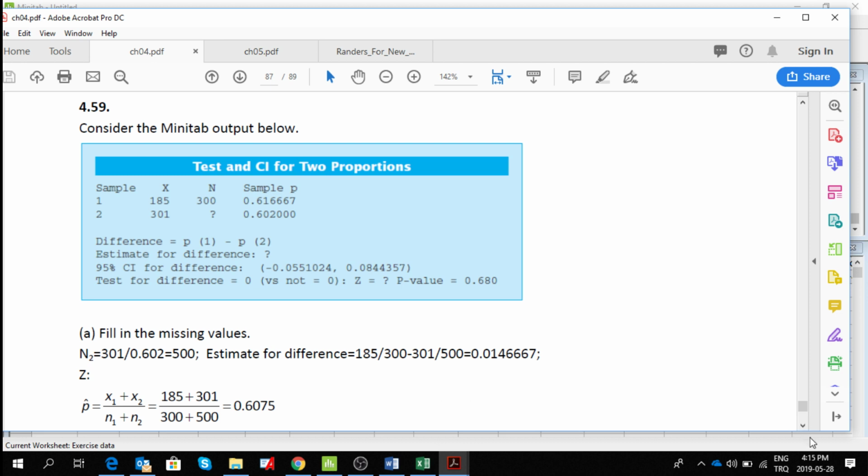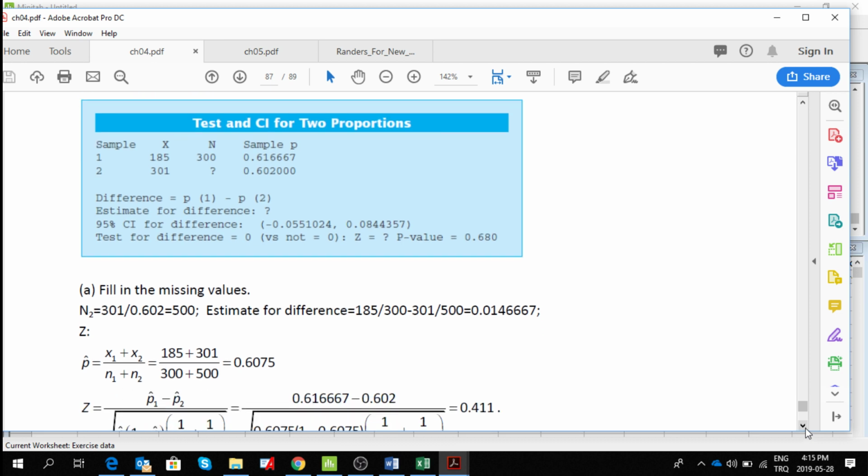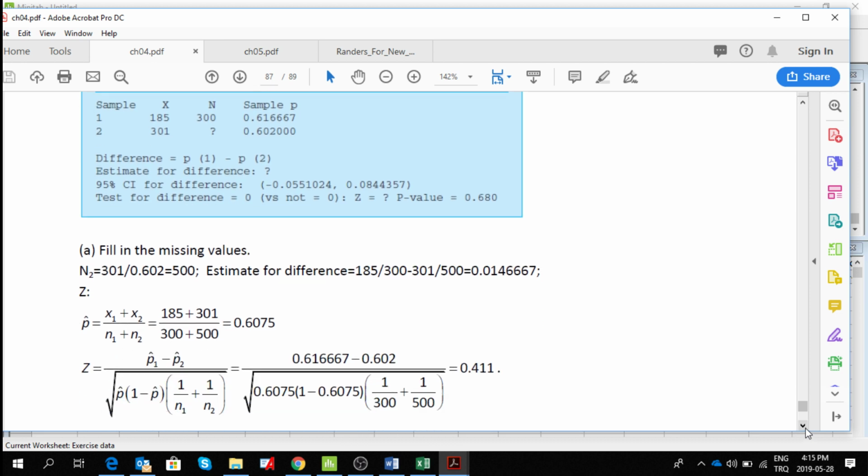And then for the z-test, we need to find p hat. p hat is given by the formula (x1 plus x2) over (n1 plus n2). Here x1 is the number of defective parts. So this x usually shows the number of non-conforming units out of this many.